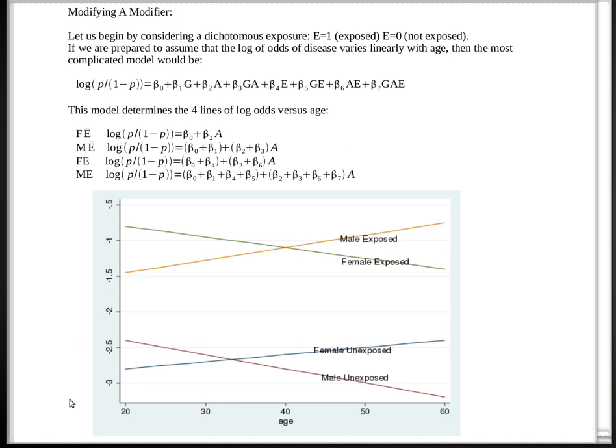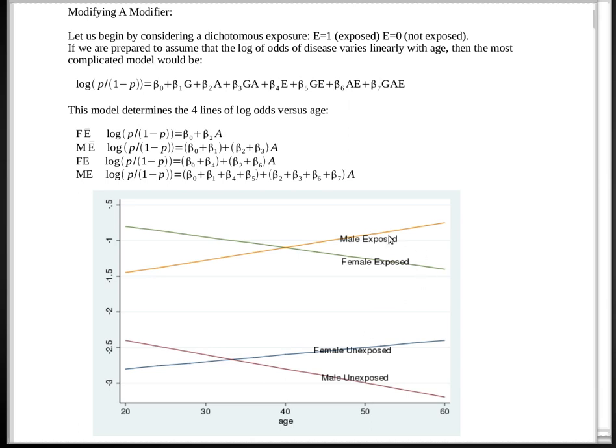Okay. So let's have a look, for example, at the 30-year-olds that are in this study. What we can see is a vertical distance that runs from about here to about here. Let's now look at the same vertical distance for the 50-year-old males.